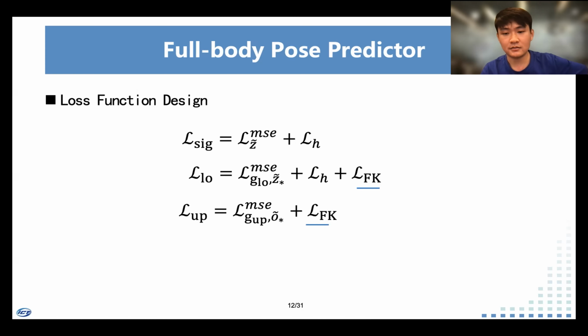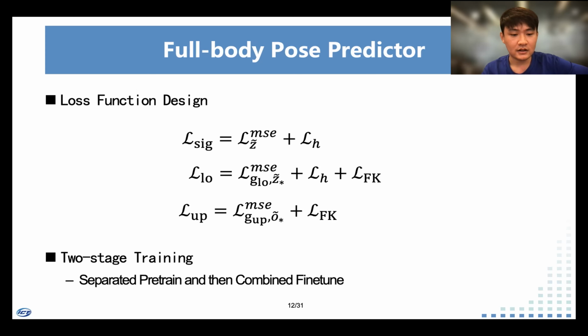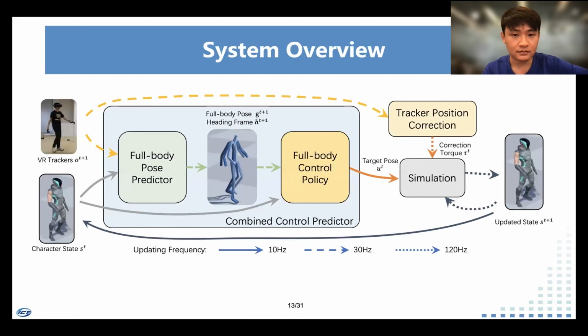In addition, a forward kinematics loss is added to ensure consistency between the predicted joint orientations and joint positions. We employ a two-stage training process to train the pose predictor using the motion capture data, where each sub-predictor is pre-trained separately, then fine-tuned jointly.